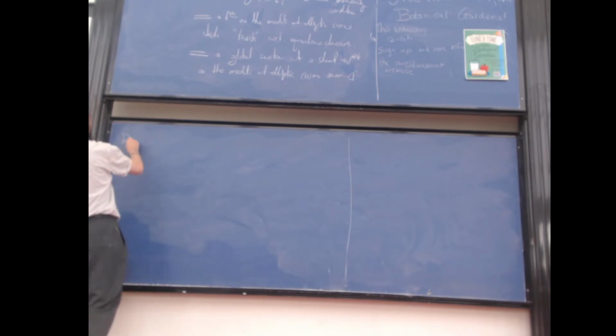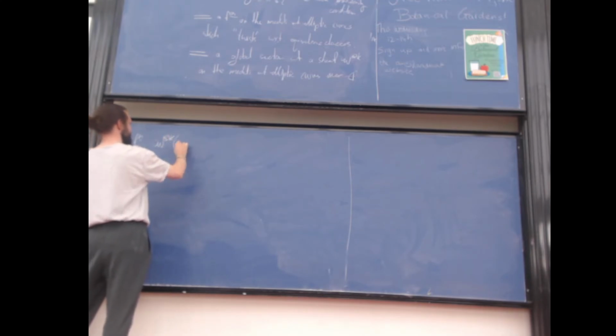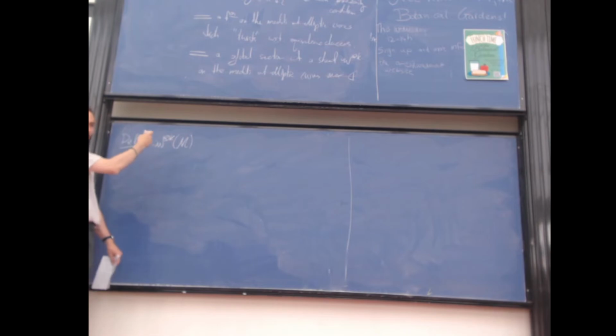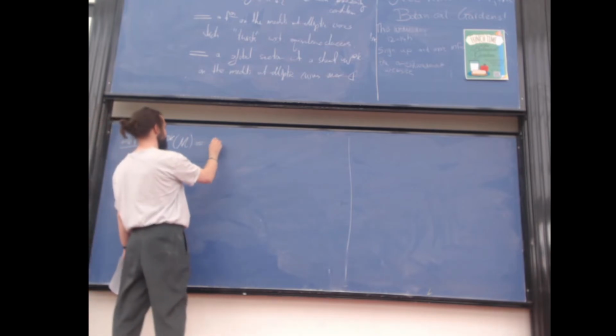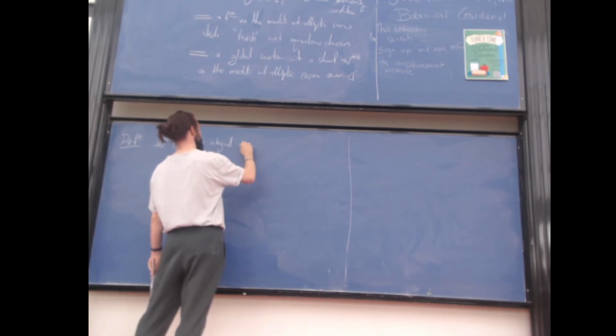Okay, so what we can do now is take this last definition as a definition for integral modular forms. Definition: take this line bundle, whatever it is, take its global sections over the moduli of elliptic curves, and this is going to be the integral modular forms.